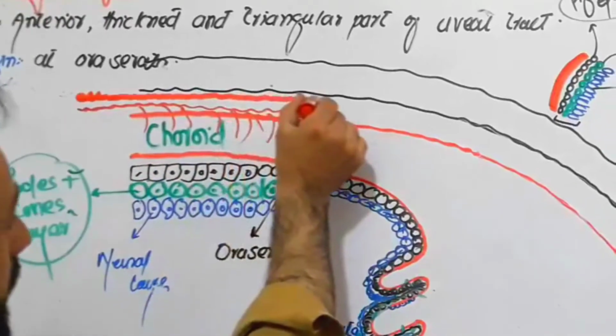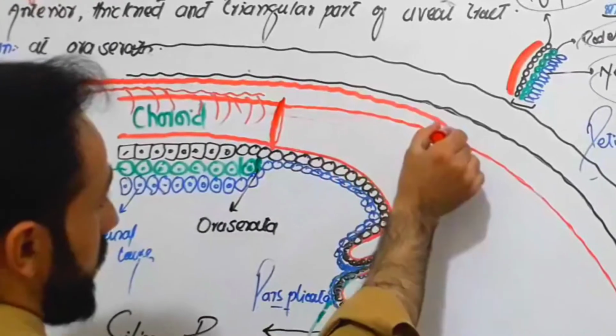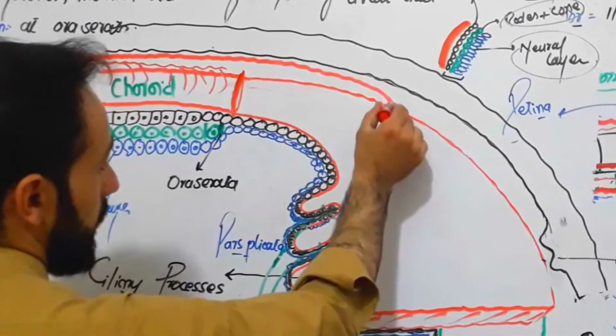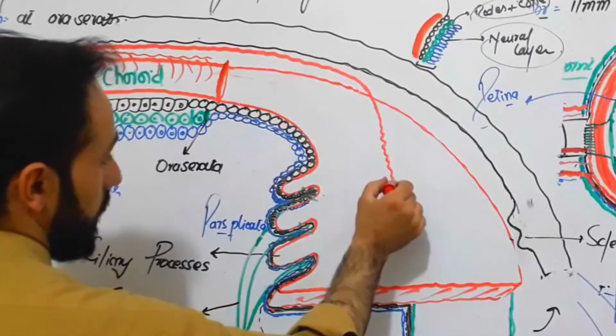This long ciliary artery will come towards the ciliary body and will enter the ciliary body like this, right?